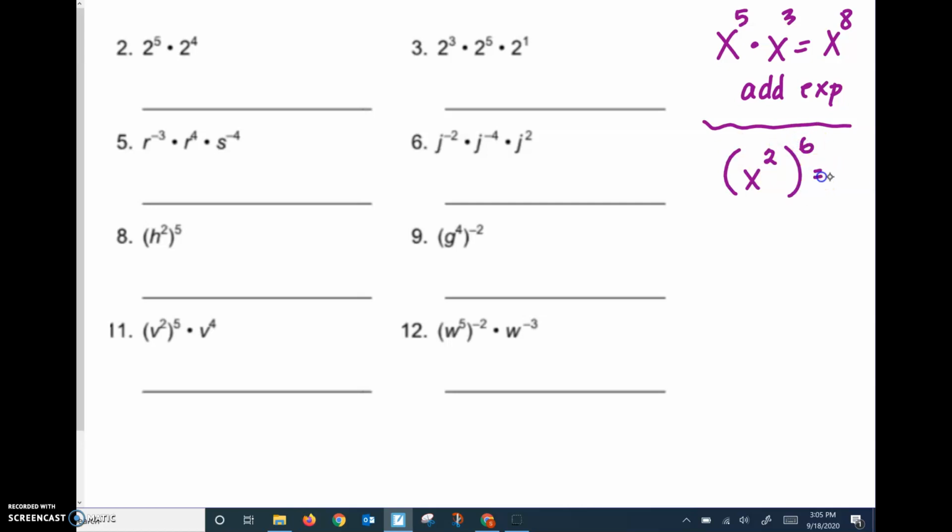So in this circumstance, you still keep the base. Both situations, we keep the base. And this time, instead of adding the exponents, we are going to multiply the exponents. And in this particular case, 2 times 6 is 12.